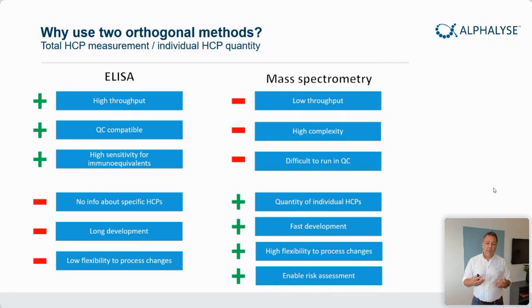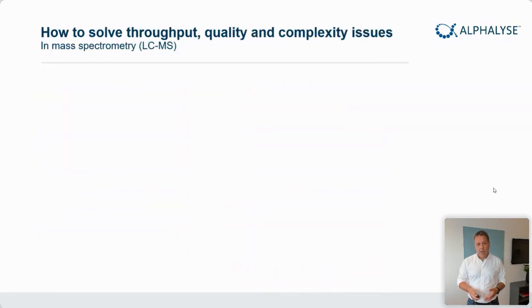But the 7 years we spent developing this method has actually focused on these disadvantages with mass spectrometry, and we think we have solved most of them, and at least limited them, and I will just show you why and how we have done this.